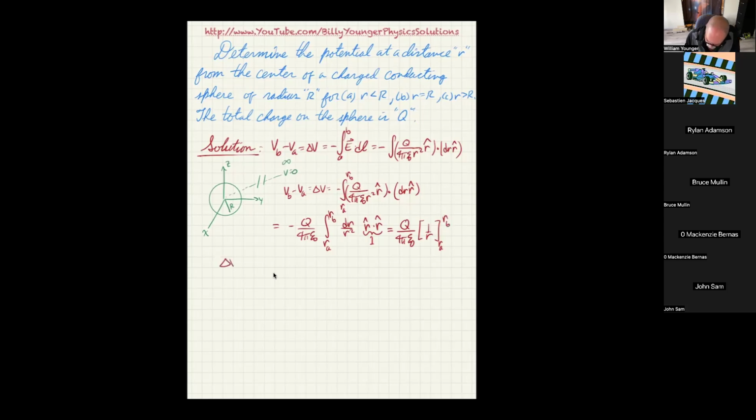So this delta V, which again is VB minus VA, is going to be Q over 4 pi epsilon naught times 1 over RB minus 1 over RA.